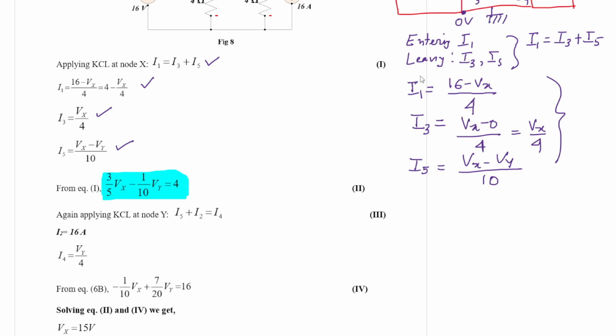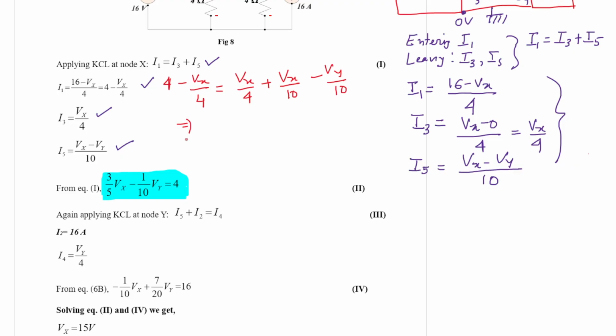It is very simple. You see, (16 minus Vx) by 4, that will be equal to Vx by 4 plus Vx by 10 minus Vy by 10.